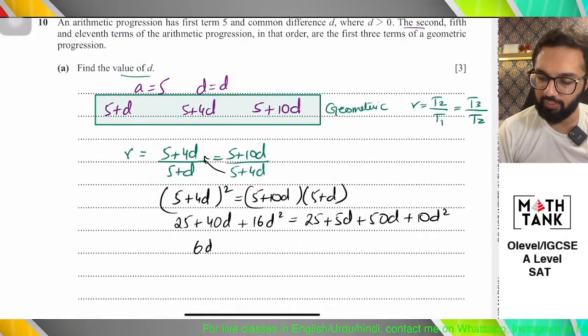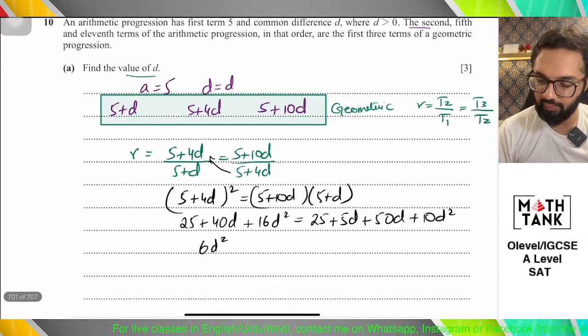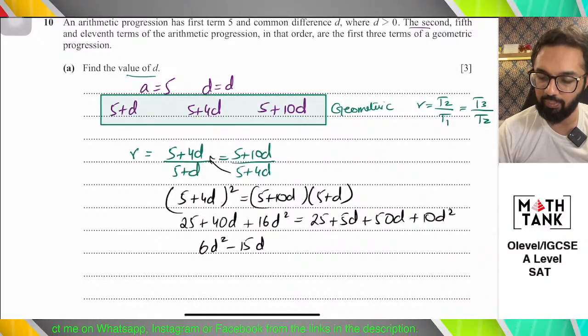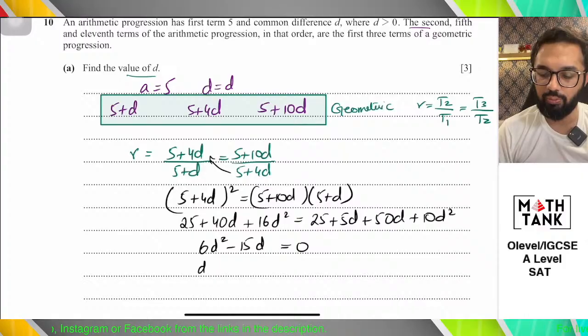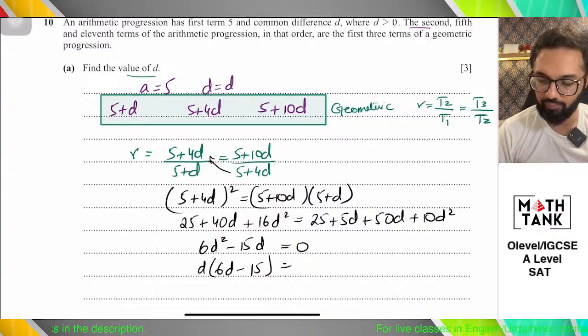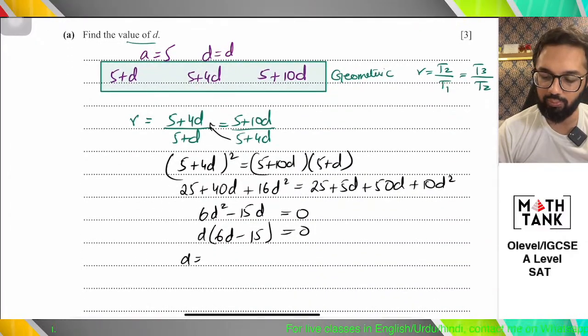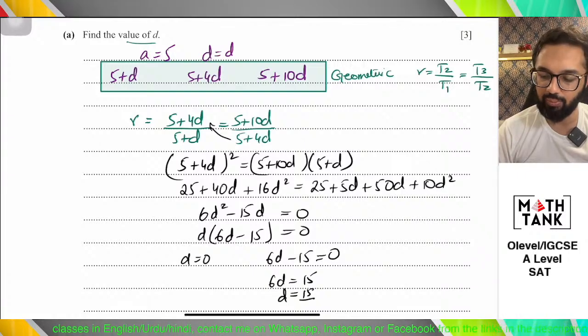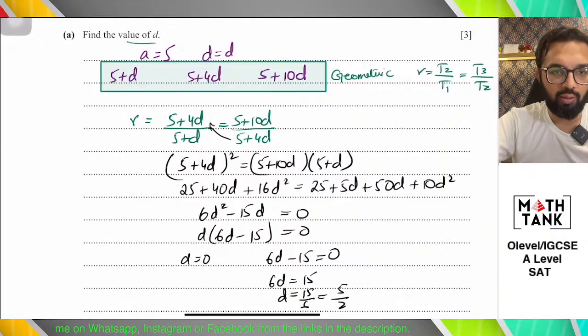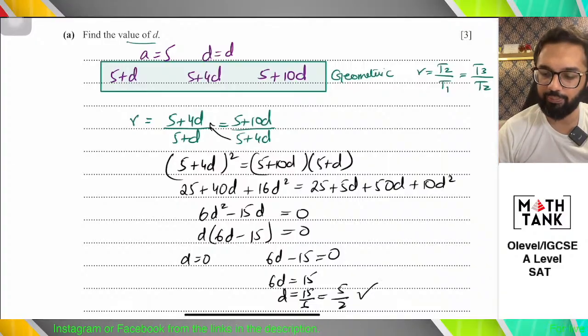So that gives me 6d squared, that's 55d, that comes here and makes it minus 15d, and 25 cancels out, so equals 0. So 6d squared minus 15d equals 0. Either d equals 0, or 6d minus 15 equals 0, so 6d equals 15, and d equals 15 over 6, which is 5 over 2. So that's the correct answer. Yes, that is the correct answer.